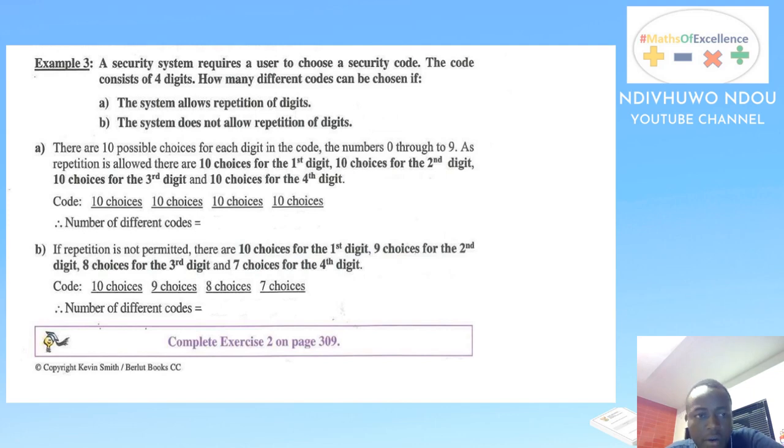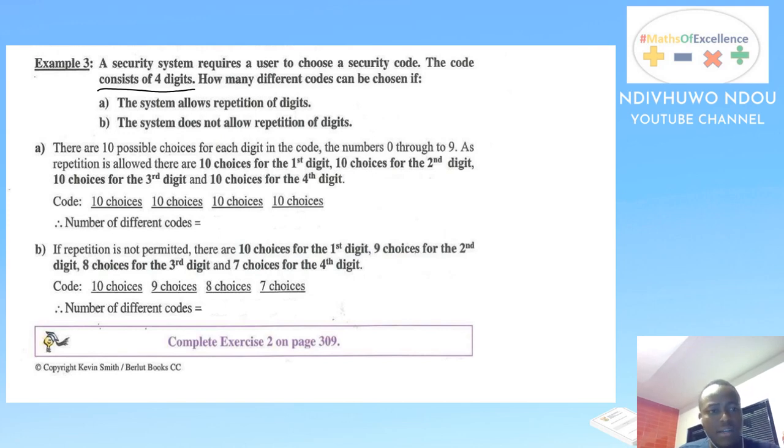Okay, let us take a look at example 3 now. So in example 3, they say a security system requires a user to choose a security code, right? So the code consists of 4 digits. This is very important. The code consists of 4 digits. How many different codes can be chosen if A, the system allows repetition of digits, right?